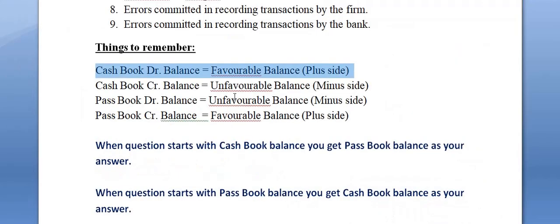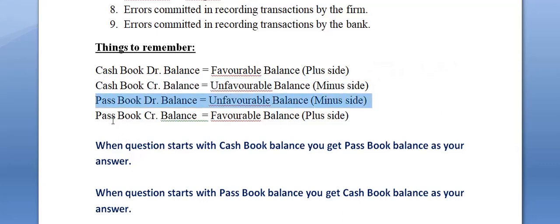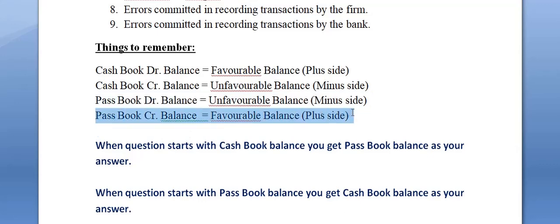So if there is a favorable balance of cash book, it means it is a plus side. And cash book credit balance means unfavorable balance, and it should be recorded towards the minus side. And passbook debit balance means unfavorable balance, that is minus side, and the passbook credit balance means favorable balance, plus side.